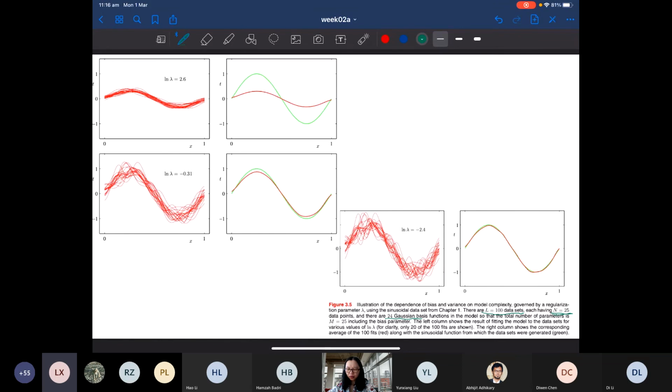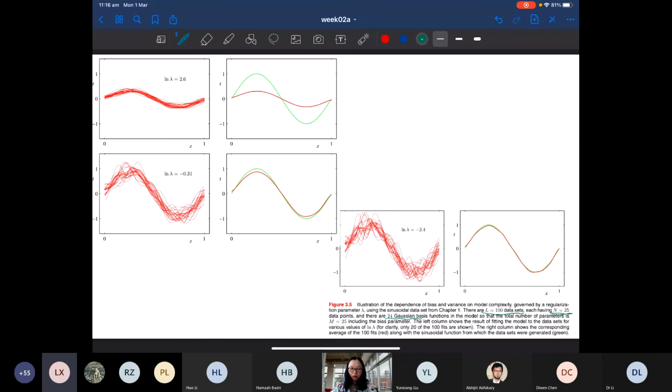So here's the result for fitting. From last week, we know that large values of lambda lead to simpler models, and small values of lambda encourage more expressive models.